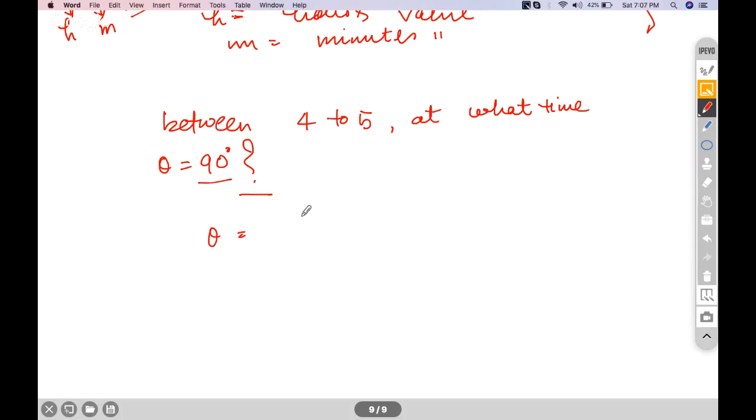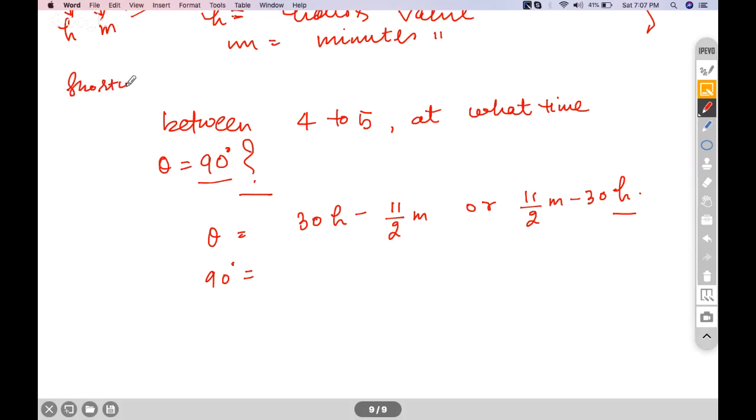Theta is equal to 30H minus 11 by 2 M, or 11 by 2 M minus 30H. Theta I have given as 90. So always remember the shortcut: when theta and H value are given, between 4 and 5 you will say 4 o'clock and that many minutes, so H value is 4 here. Theta and H value given, use both formulas.